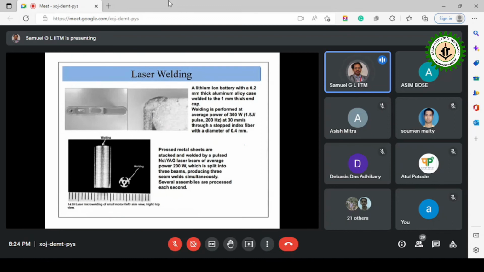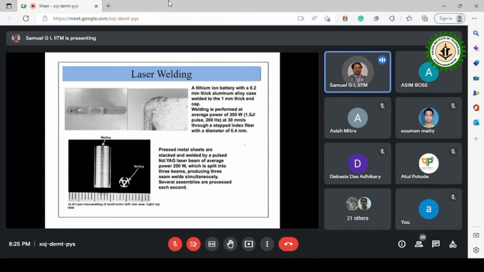And the next application of these lasers is welding. If you look at the welds, day before yesterday, one of the professors who came from France, from Central Institute Nantes, near Paris, was telling how they use this laser welding technology in ships.